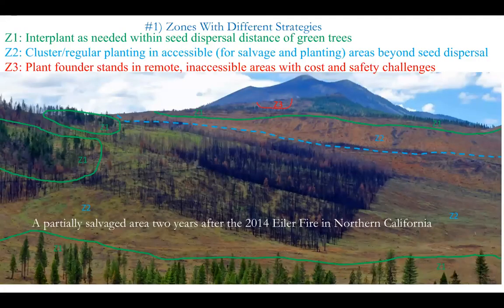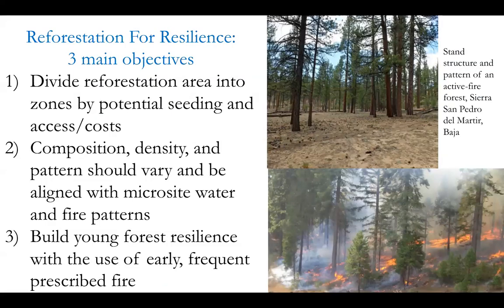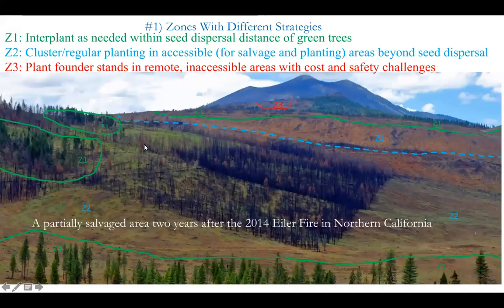So here's one illustration. Let me just remind you, on this previous slide we have a when and where component, a how and a why. The first of those is where to plant. And we suggest in this paper, which I think is probably implicit in many decisions that are already happening across landscapes, really thinking carefully about different planting zones.